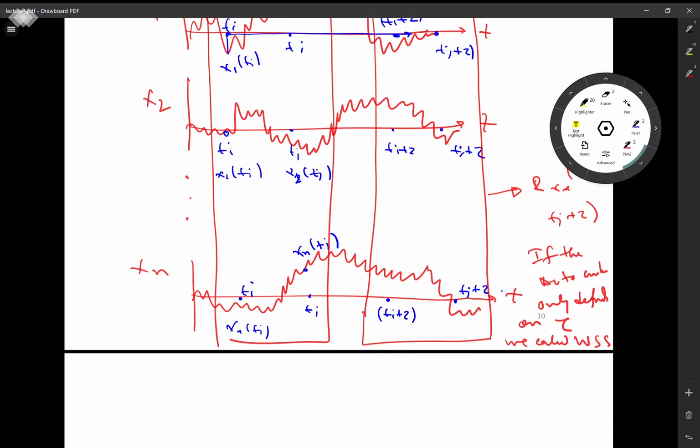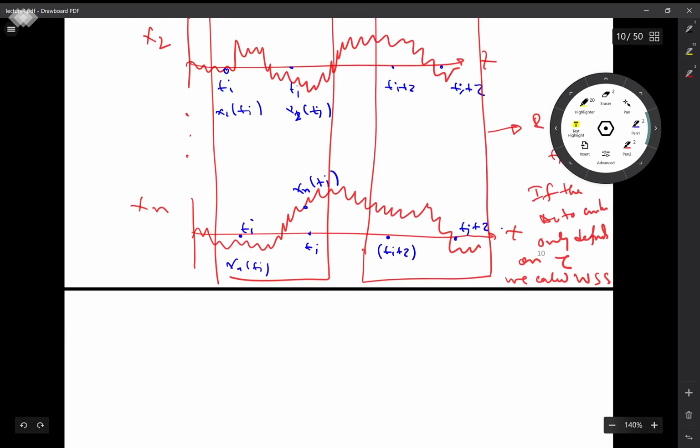So mathematically, how can we write it? Let's write it mathematically.